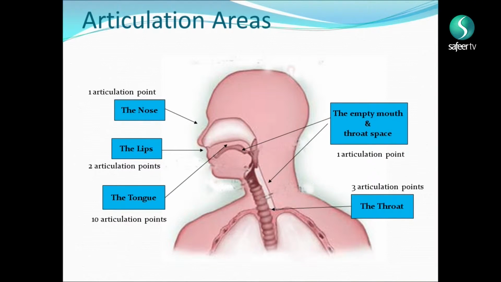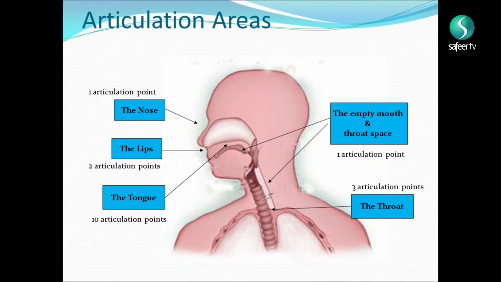You will see we have 5 sections, which are starting, for example, from the lower part, the throat, and after that we have the empty part of mouth and throat space, and also we have the tongue and the lips and the nose. 5 sections, and you see in each section how many articulation points we have.